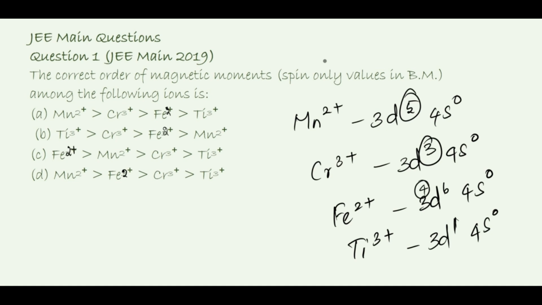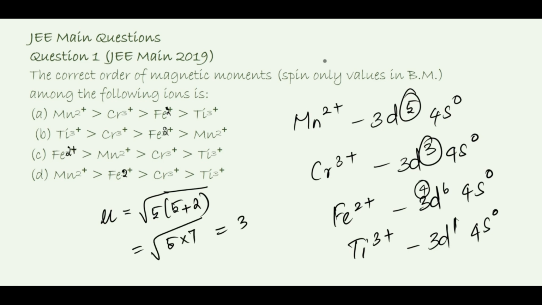For example, for 3d5 with 5 unpaired electrons, BM equals root of n(n+2), so root of 5 into 7, which is root 35, nothing but 5.92. So the number before the decimal point is equal to the number of unpaired electrons. Taking use of it, the correct answer to this question is option D.